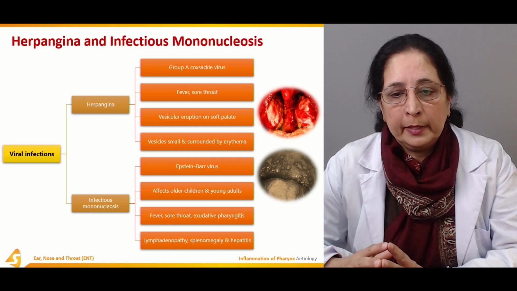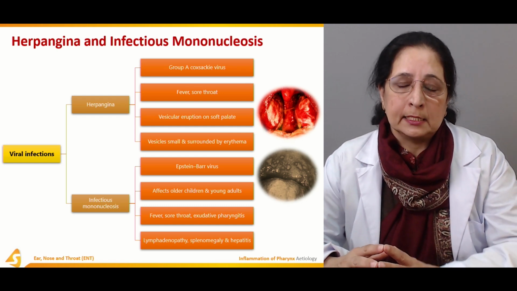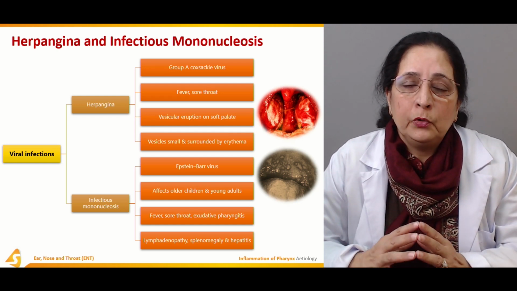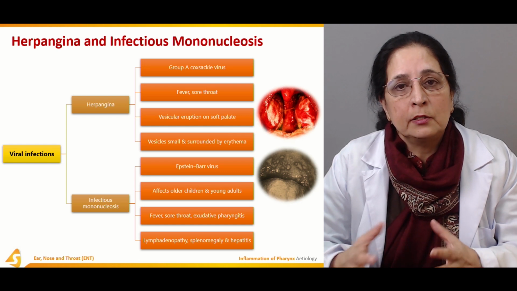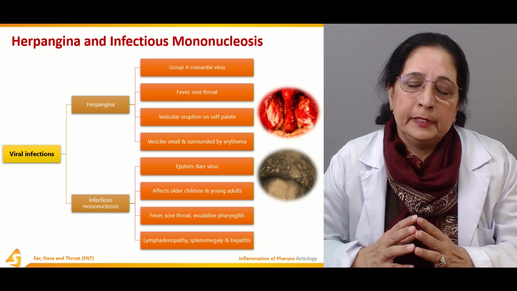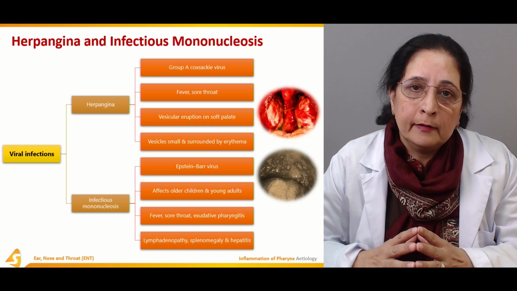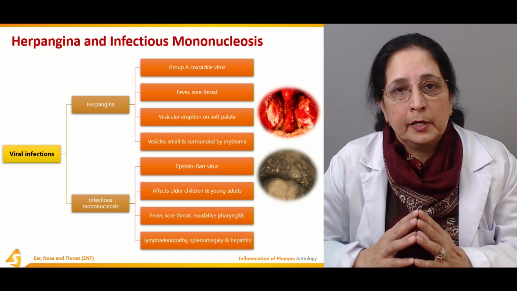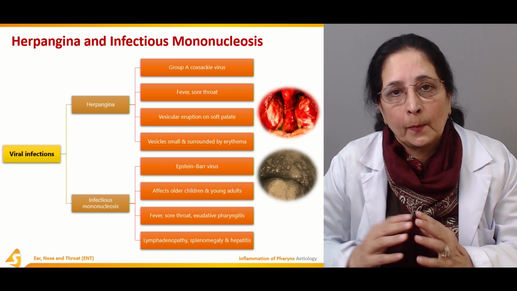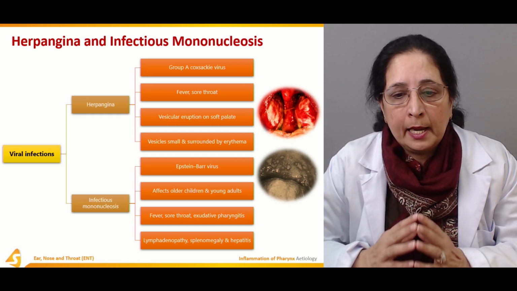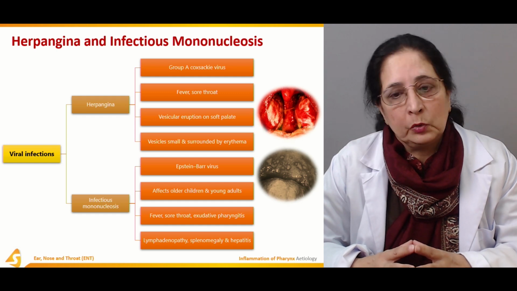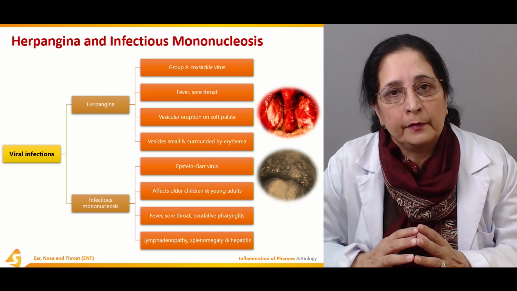Lymphadenopathy, splenomegaly, and hepatitis. So infectious mononucleosis is a serious condition in which there is also enlargement of the spleen and the liver, and also enlargement of the lymph nodes. It's caused by Epstein-Barr virus, and there is fever, sore throat, and exudative pharyngitis.